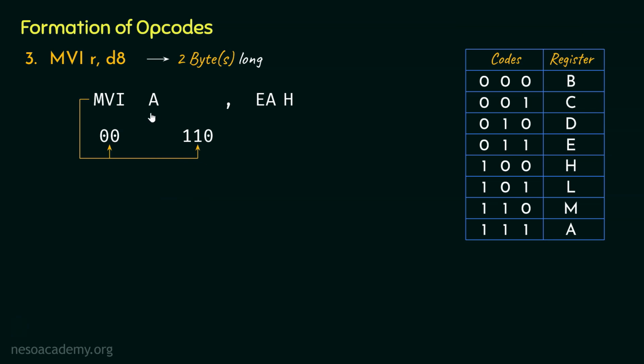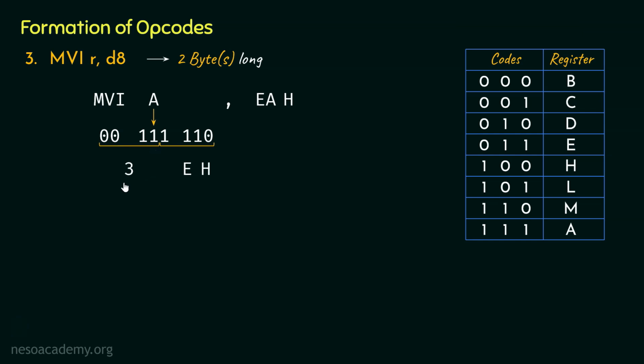Now the destination register, which is specified by this R, for the code of that we will need to refer to the register code chart. Now what is the code for A? It is 111. So let's have that. Notice 8 bits. So if we group them from the least significant bit towards the most significant bit, 4 bits at a time, we will get these 2 nibbles. 1110, as we have already figured out, it is E, and 0011 is 3.